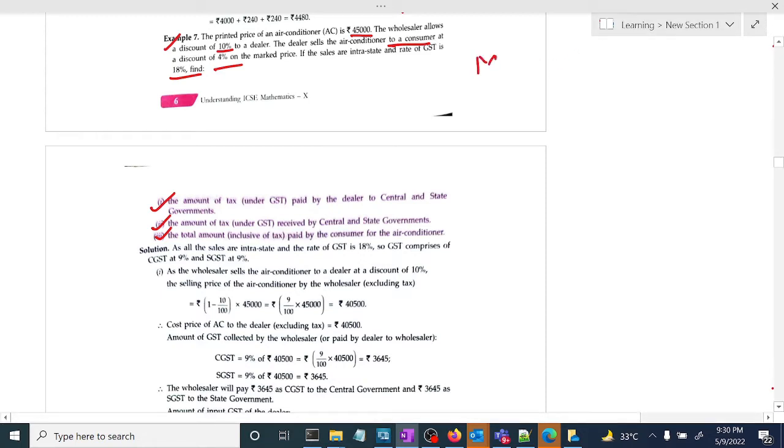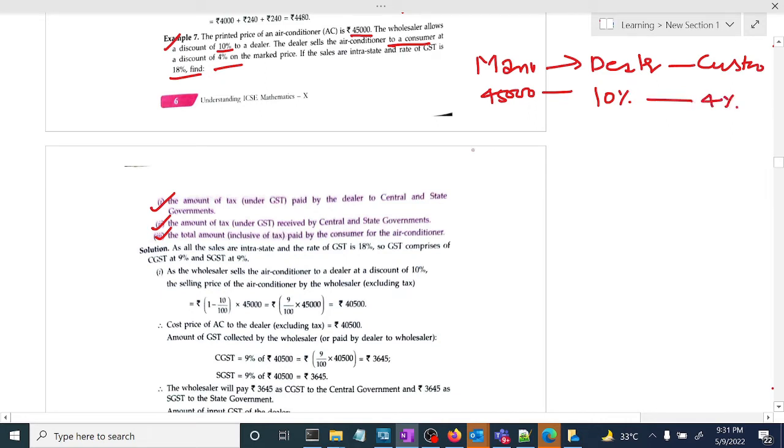So here 3 parties are involved: manufacturer, dealer and customer, right? So manufacturer has marked the price at 45,000, selling it to dealer at a discount of 10%, and dealer is selling it to customer at a discount of 4%, right?